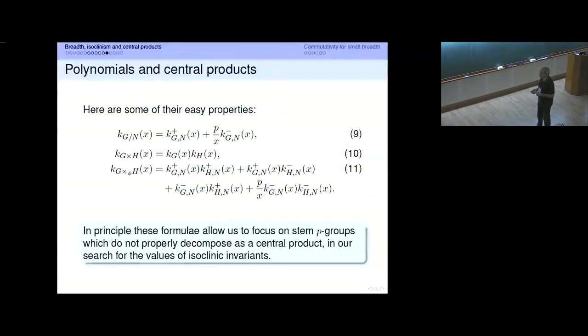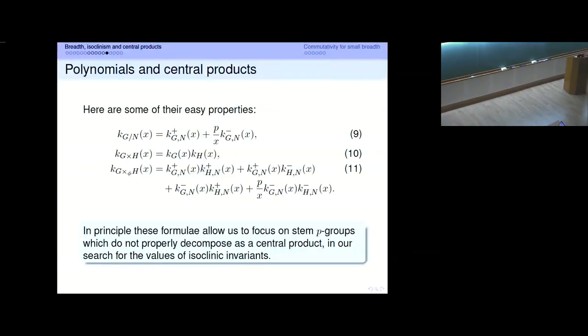Of course, in principle, if you repeat this construction several times, computations become very difficult. But anyway, it makes sense to concentrate on computing this isoclinic invariance for the groups that are Stampy groups with no proper central factors.